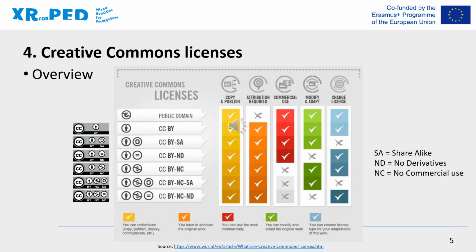This slide presents an overview of the available Creative Commons licenses. Public domain means there are no copyright restrictions, but the creator retains copyright. CC BY, also called the Creative Commons Attribution License.